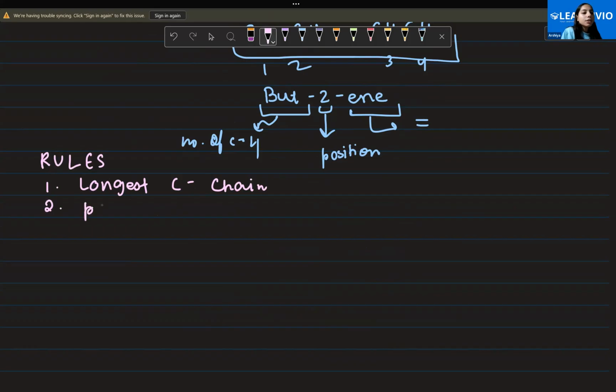Then we'll prioritize double bonds, triple bonds, and functional groups.